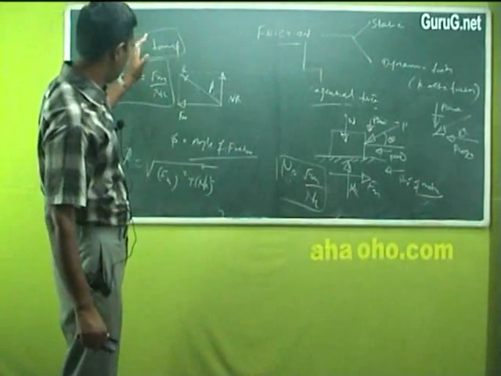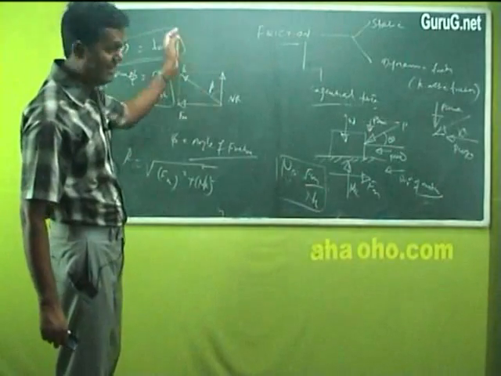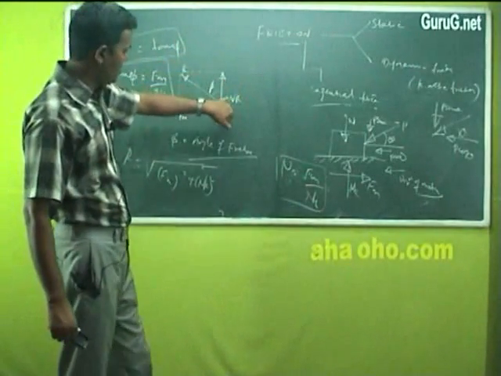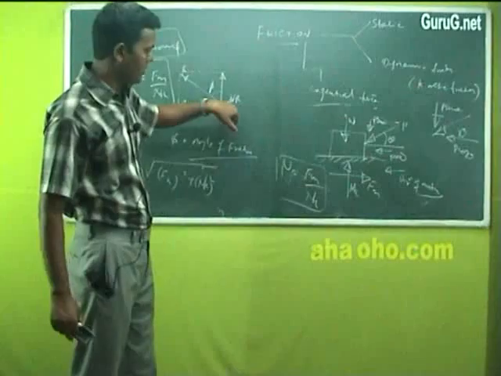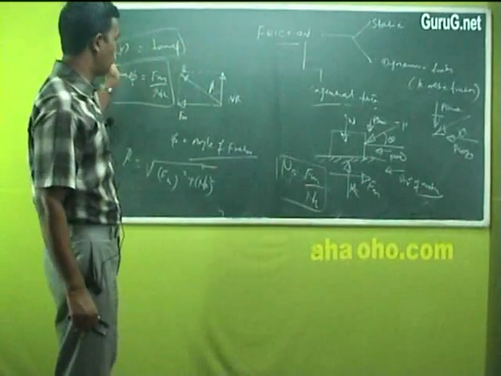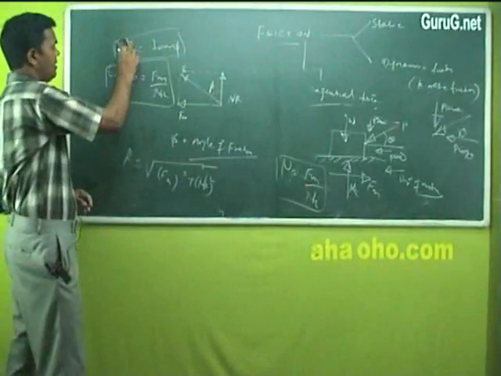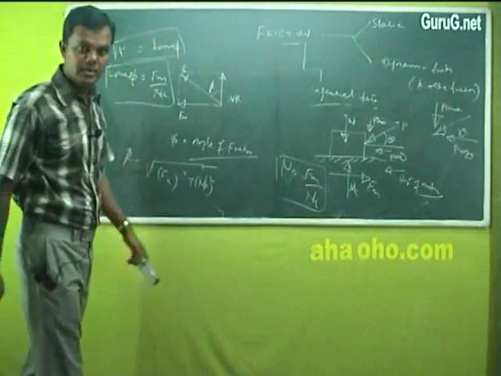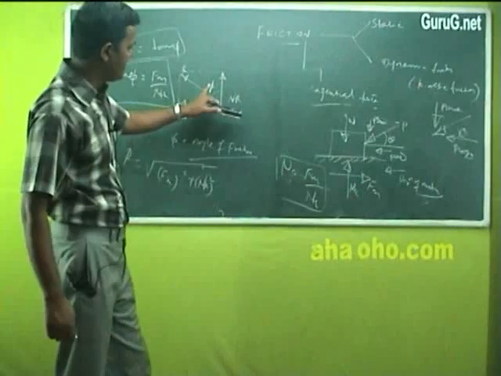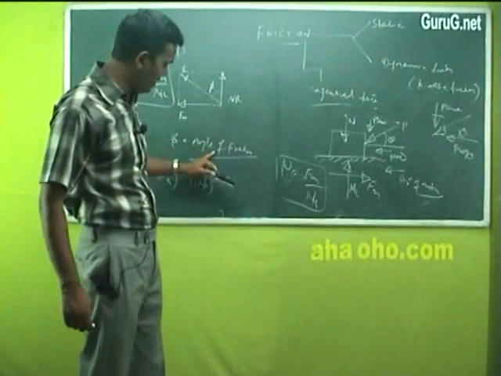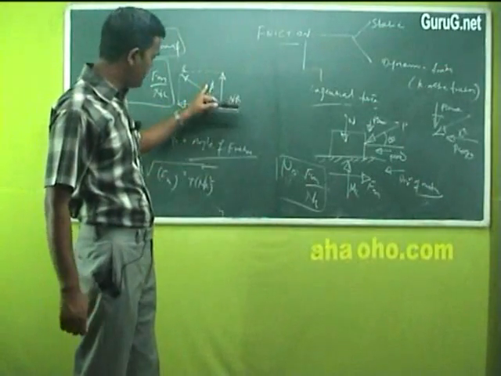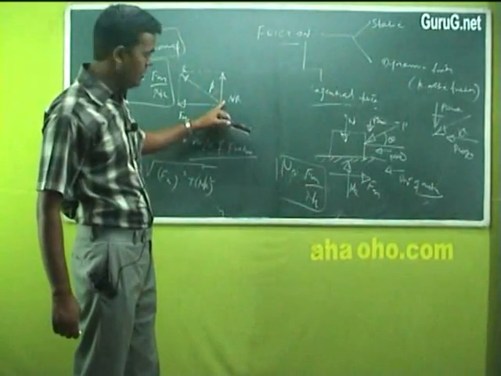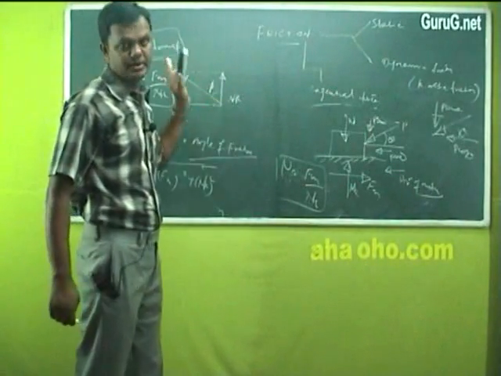So the tan of the angle between your resultant force and your normal reaction is equal to coefficient of friction. That is the meaning. It's proved. Mu is equal to tan phi. Okay, and finally remember, this phi is an angle known as angle of friction, and angle of friction is the angle between your resultant force and the normal reaction.